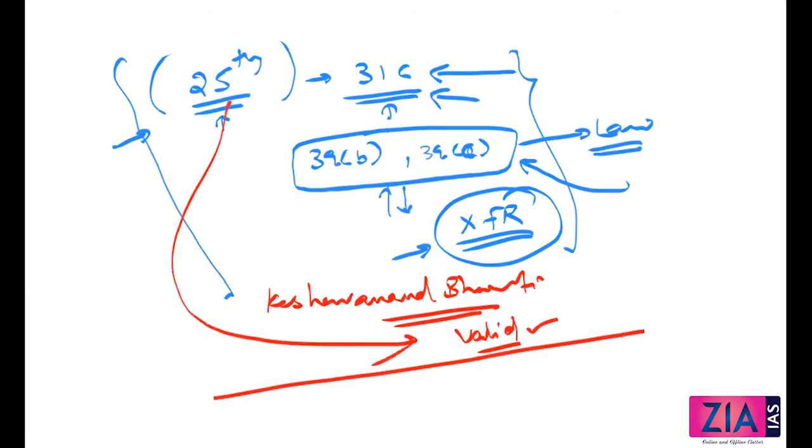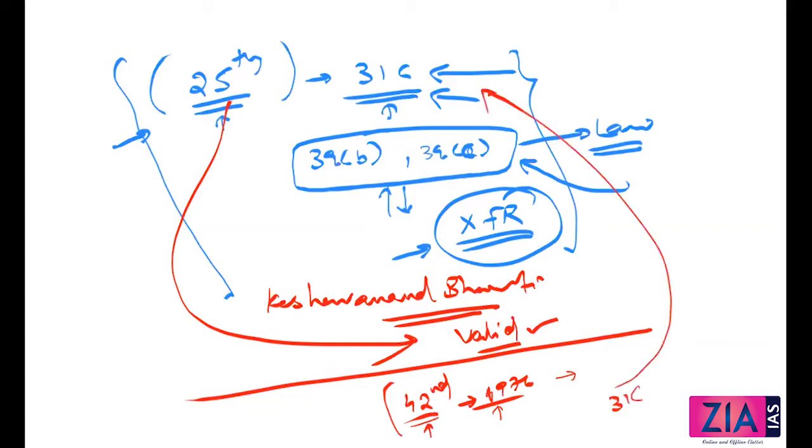Now after this there is another amendment, the 42nd amendment of 1976. Yesterday we discussed a few things about it, and you will have to see it in detail. Among other things, it also amended Article 31C. I'm expecting most of you know about this, that's why we are going like this.